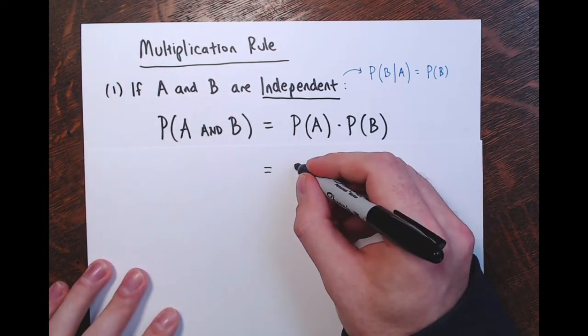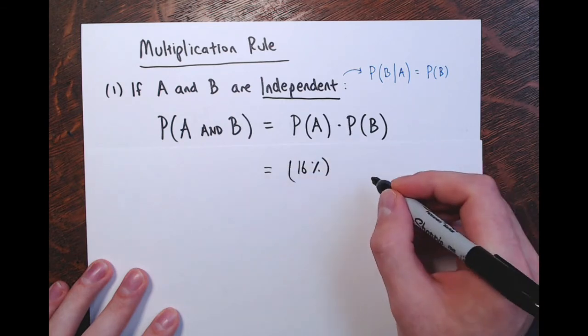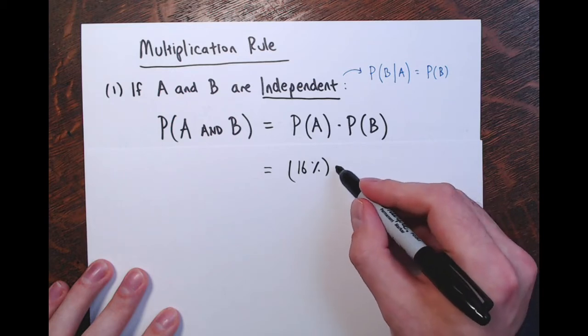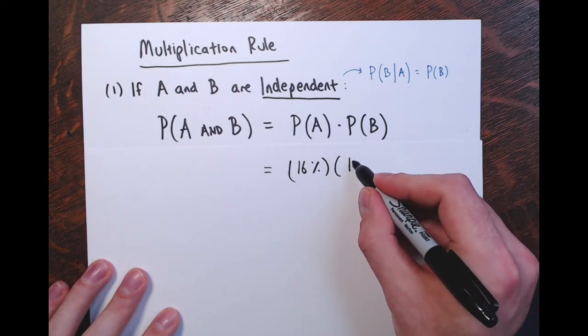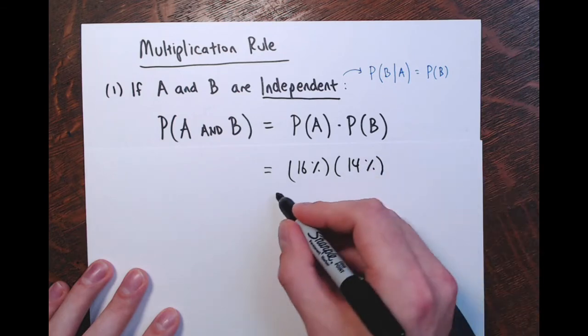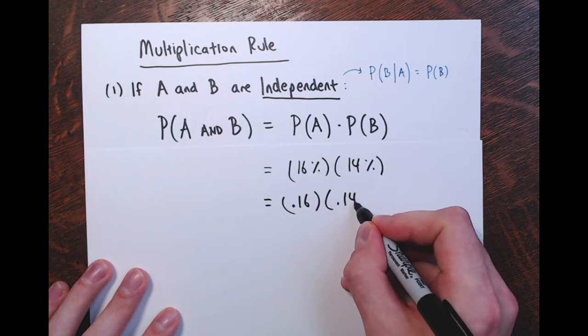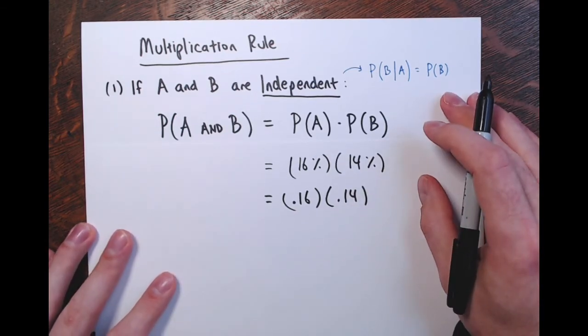So here it's simply going to be 16%, the probability of having an IQ greater than 115, times the probability of having an IQ between 115 and 130, which was 14%. That's 0.16 times 0.14, or 16 over 100 times 14 over 100.